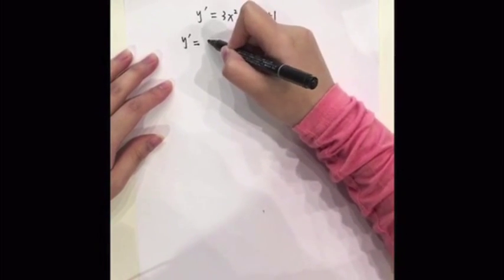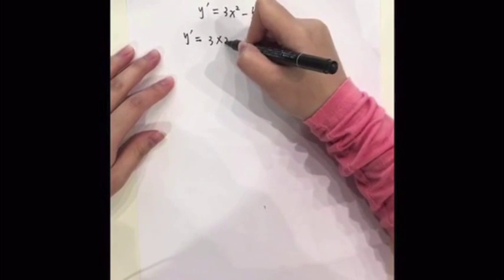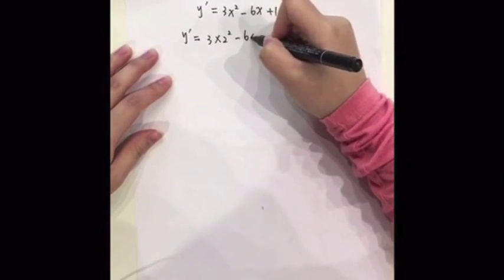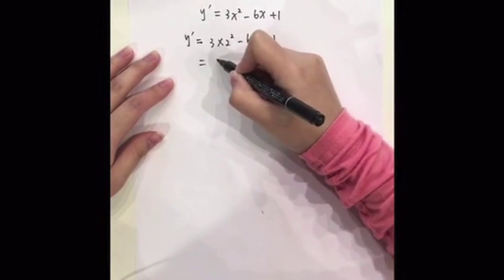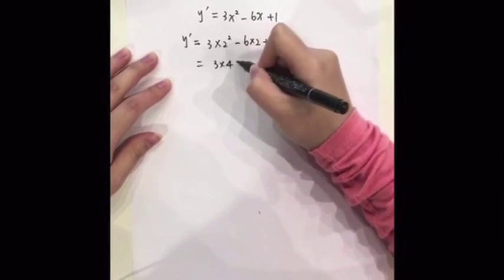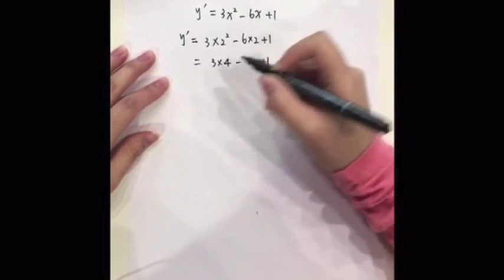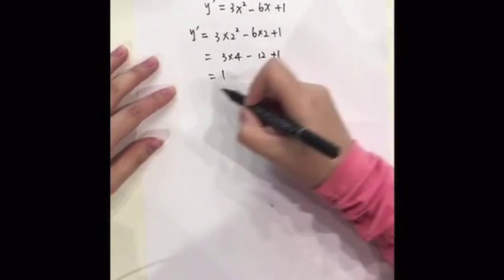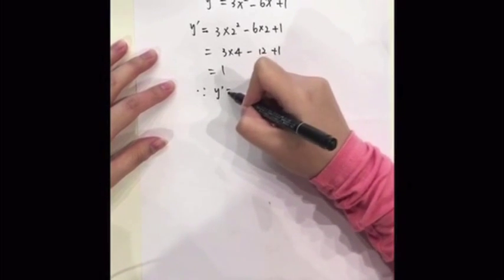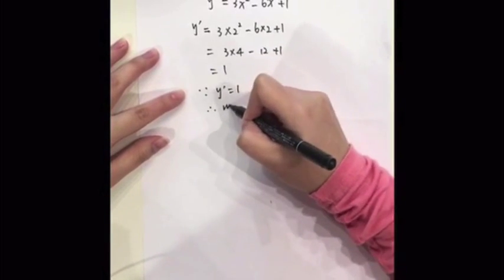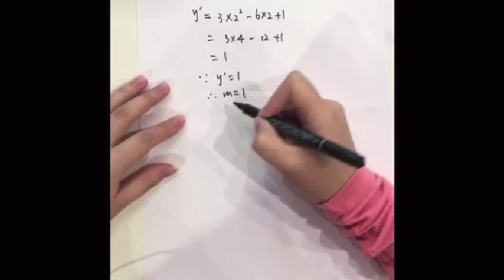You get 3 times 2 squared minus 6 times 2 plus 1, equals 3 times 4 minus 12 plus 1, equals 1. And then y dash equals 1, so the slope equals 1.